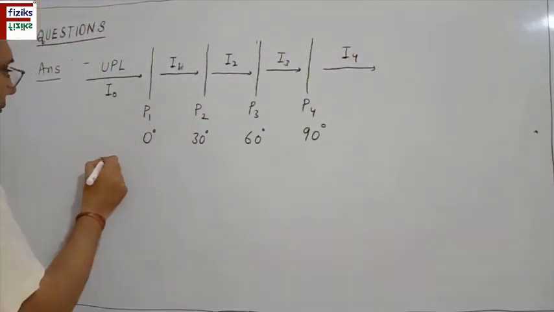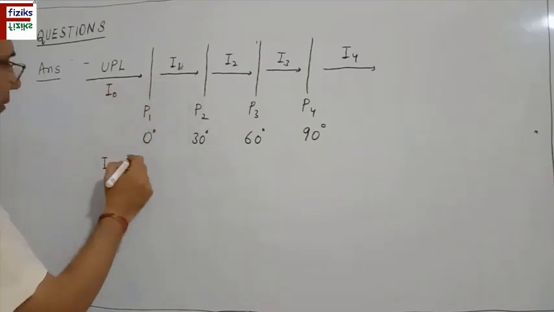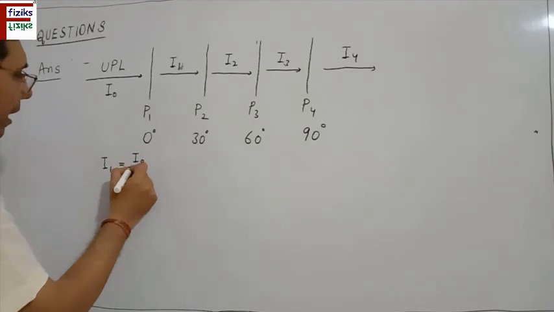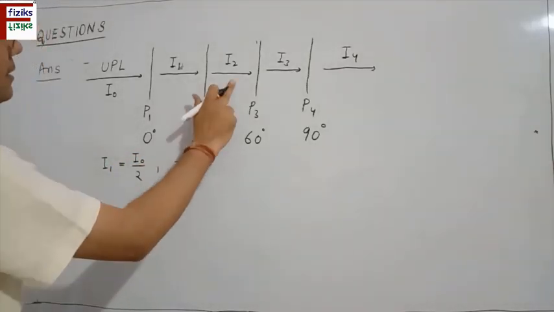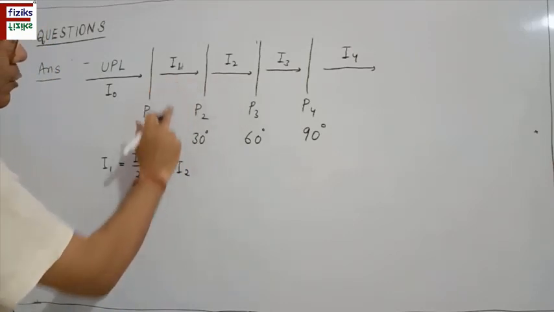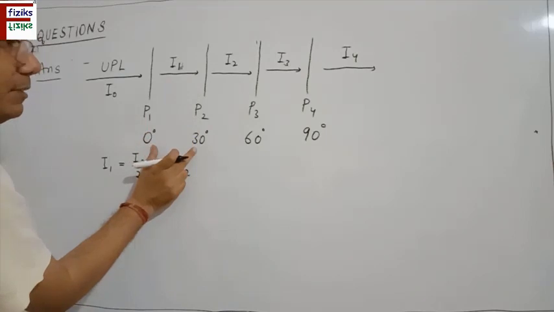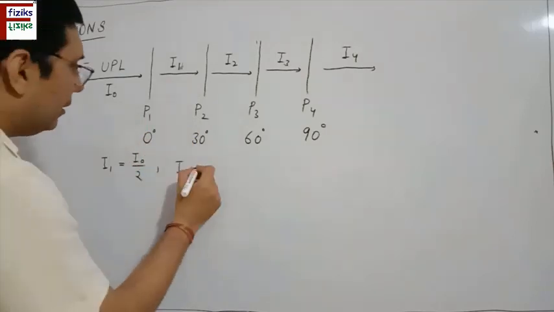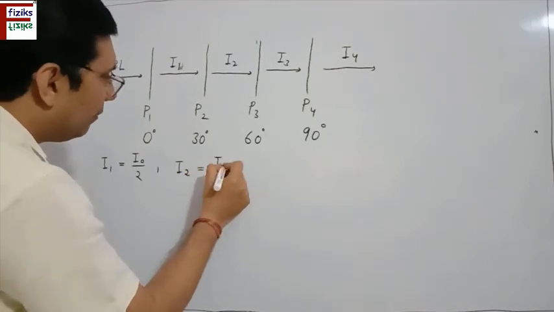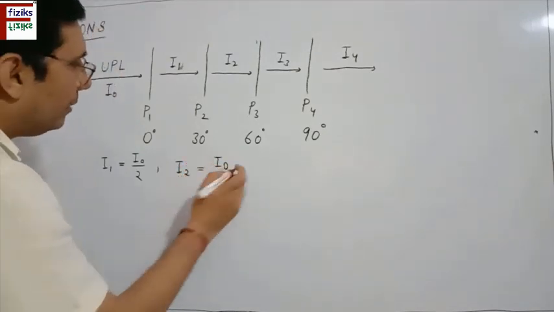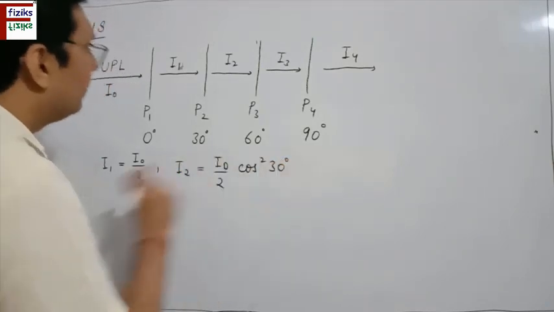I1 will be half of the initial intensity, since unpolarized light is passing through P1, so I1 is equal to I naught by 2. Then I2 will be I1 cos square of the angular difference between these two plates. This is 30 degrees, so this is cos square 30 degrees.